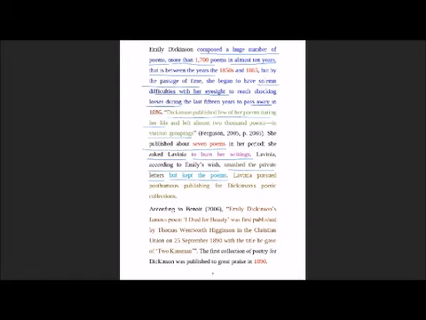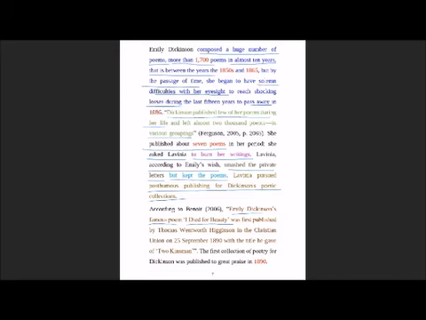Lavinia pursued posthumous publishing for Dickinson's poetic collections. So the publication began after the death of Emily Dickinson. Emily Dickinson's famous poem is I Died for Beauty. Now we are starting to get closer to our main target.